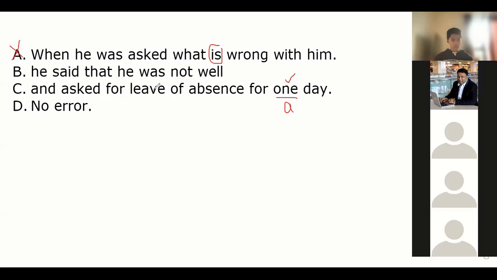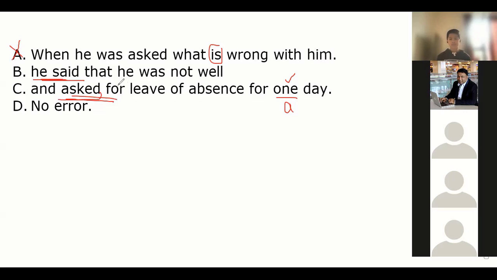Why? Because see the tense. "When he was asked" is past tense. "What is wrong with him" is present tense. "He said" is past, and "asked for." Obviously, this tense and this tense will be the same. He said that he was not well and asked for leave of absence for one day. We are talking about past tense.